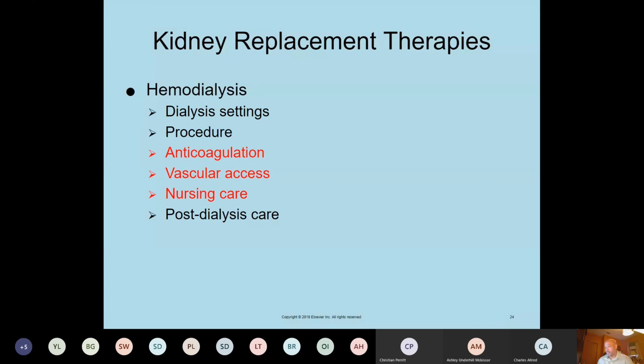As far as post-dialysis care, common problems after dialysis are hypotension, headache, nausea, vomiting, dizziness, and also muscle cramps. So you want to watch for those symptoms. You also want to compare their pre and post dialysis weight, vital signs, etc. Normal saline may be given for hypotension episodes.